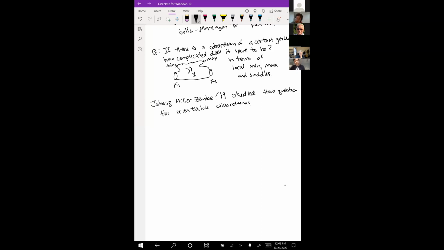They showed some inequalities relating the genus, the number of maxima, and the torsion order in knot Floer homology. And our result is going to be the non-orientable analog of theirs.